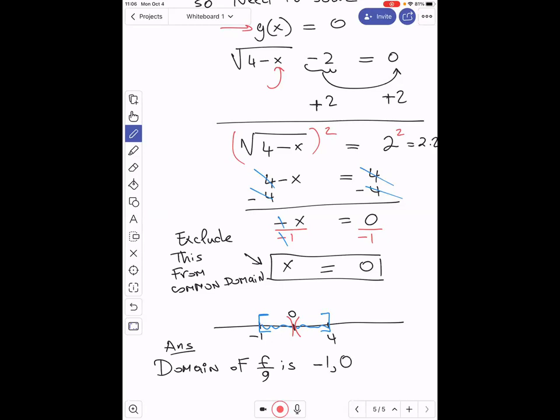So we stop at 0, 0 excluded, -1 is included, and then union with another interval, which is from 0, again excluded, to 4. 4 is included, of course, right? So again, 0 is excluded. All right, so that would be the domain of f over g.